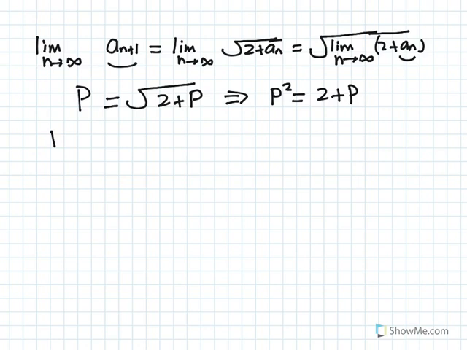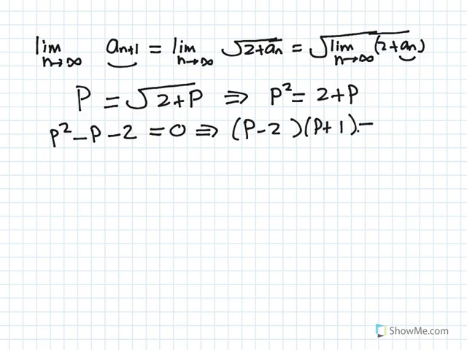P squared is equal to 2 plus P. Bring it all to one side and factorize this quadratic. P squared minus P minus 2 is equal to 0. Factorizing this, we get (P minus 2)(P plus 1) equals 0. Solving for P, P equals 2, P equals negative 1. We're going to reject P equals negative 1.